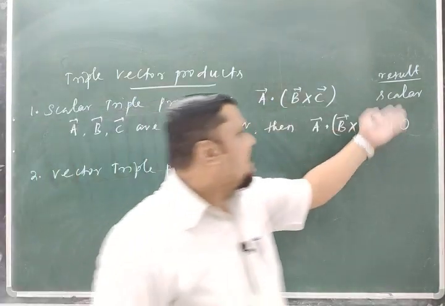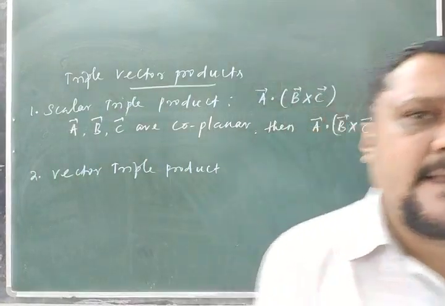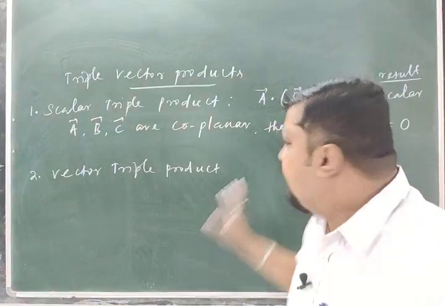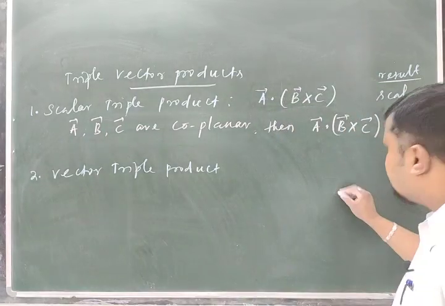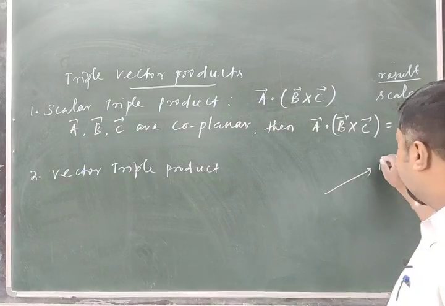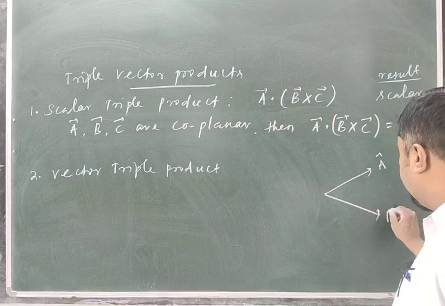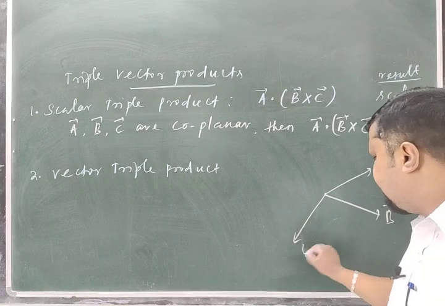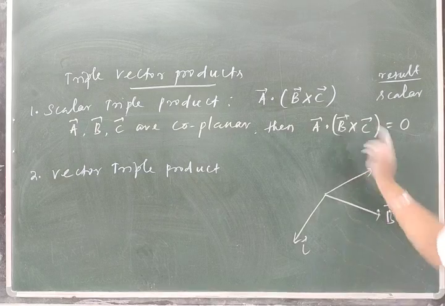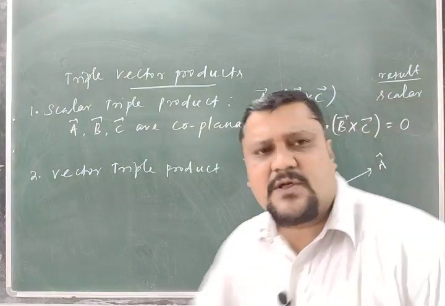The result is a scalar, and the scalar is 0. How? Now you see here. Let us consider A, B, C are coplanar, means A is here, B is here, and also C is here. All are in the same plane. When you do B cross C, use the right hand thumb rule.